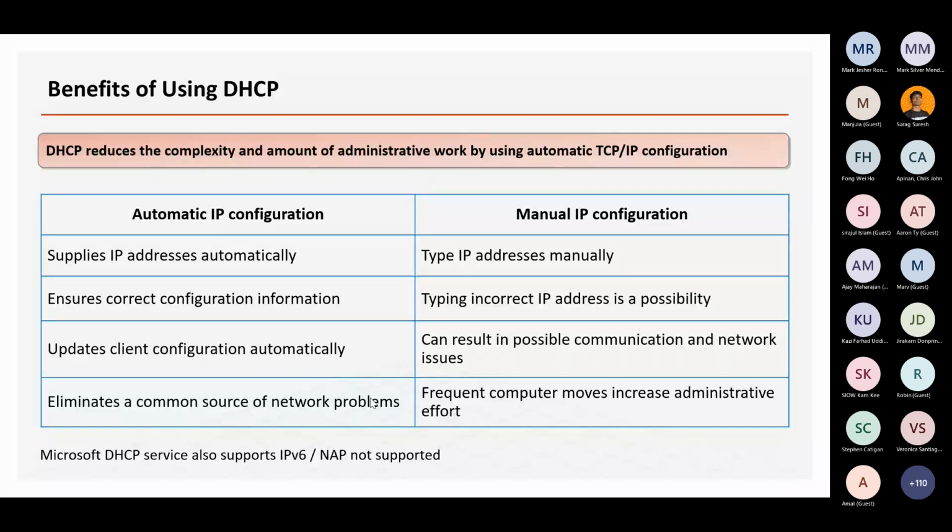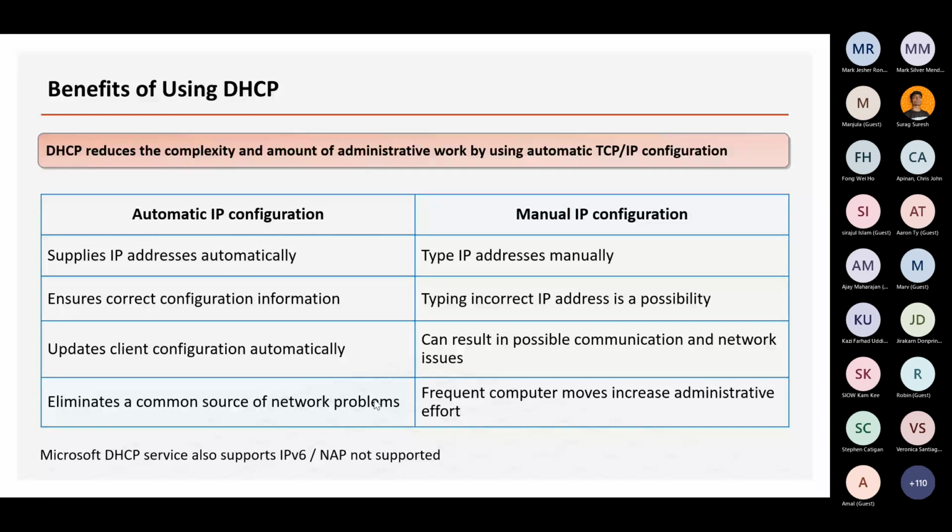Now, the first point we understood is that after implementing the service, it's easier for us, and it reduces the complexity of the work we are doing. How is it reducing? Because automatically it is supplying, or releasing, an IP address. Now, with the help of DHCP, we are getting a couple of other benefits also.